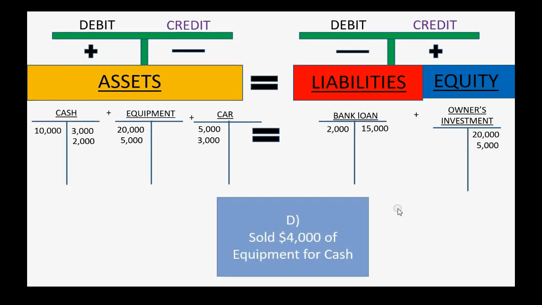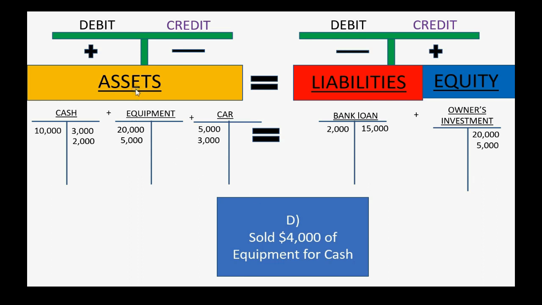Transaction D. Sold $4,000 of equipment for cash. Now, of course, this type of transaction is rare because we're not really in the business of selling equipment. But if we sold equipment and we got cash, it seems to me that equipment would go down because we sold some, and cash would go up because we just got some cash.